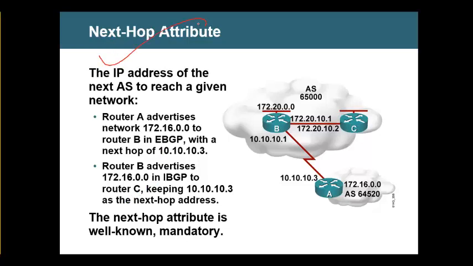Next hop is one of the attributes which is always sent along with the update. This address is sent when this network is advertised to B. B advertises the same to C without any alteration. If you want the alteration to happen, you say next hop self, then the next hop address will be different. Anyway, whether you use next hop self or you don't, the next hop attribute is always there.